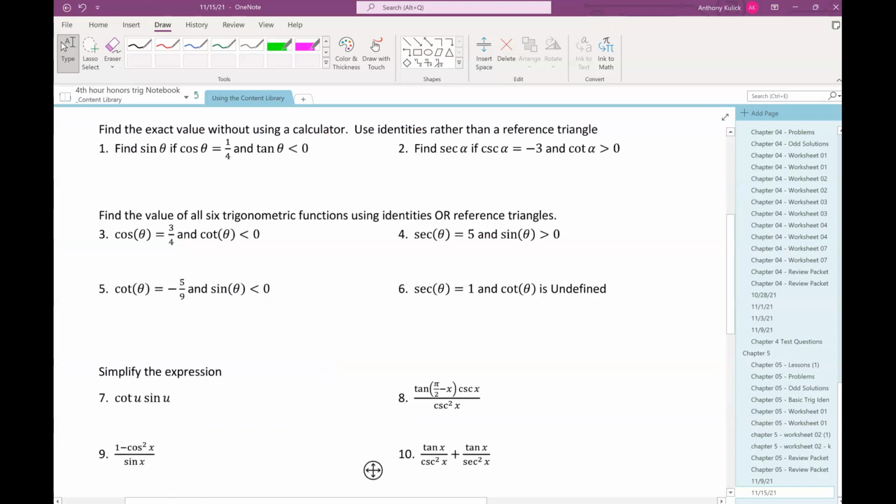So here it asks you to find the value for sine theta if cosine is this and tangent is that. So I would start with the Pythagorean identity that relates sine and cosine. It says sine squared plus cosine squared, so that's going to be in this case 1/4 squared, is equal to 1.